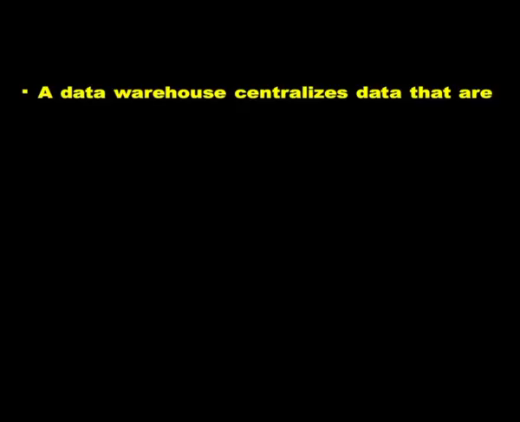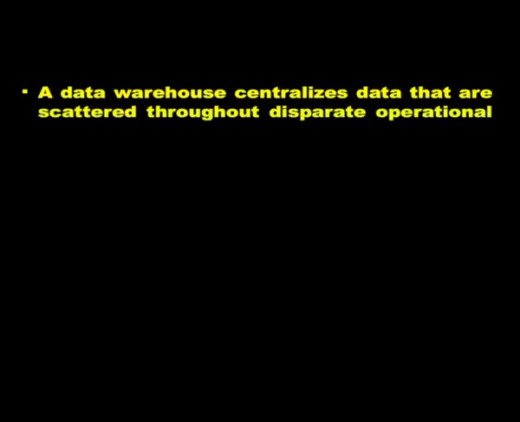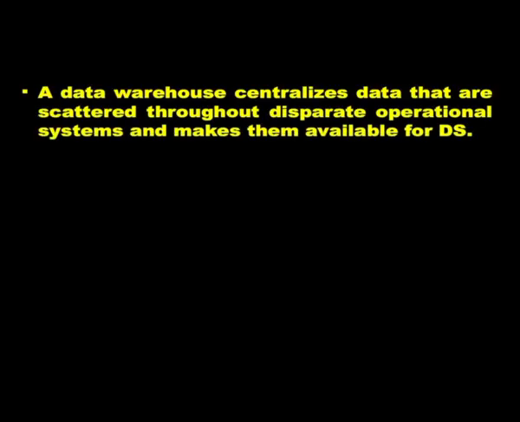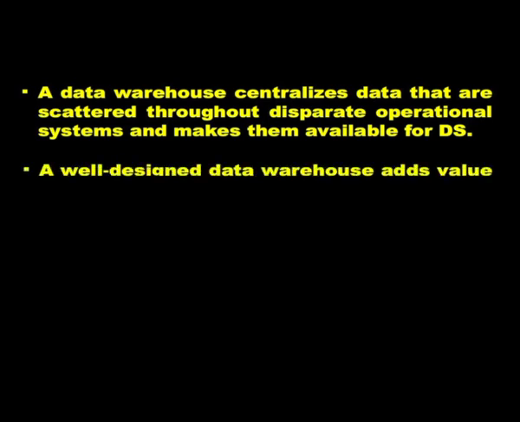Next, we will see what is the need to separate operational and information systems. There are three primary factors for separating operational and information systems. They are: first reason, a data warehouse centralizes data that are scattered throughout disparate operational systems and makes them available for DSS.